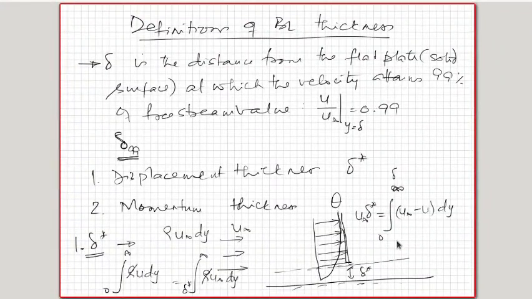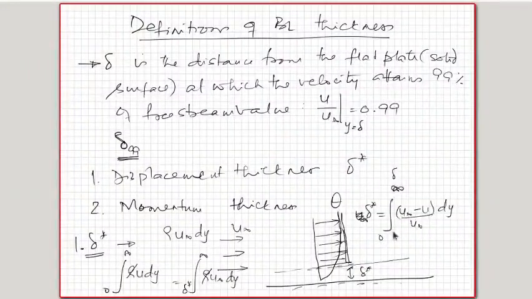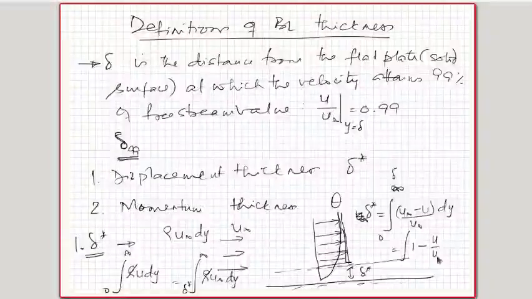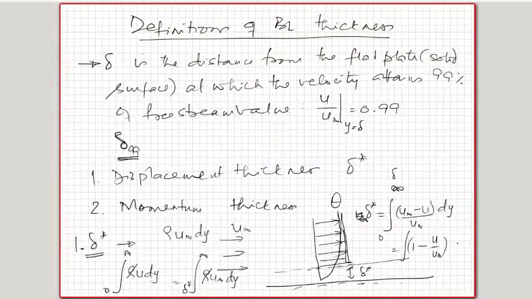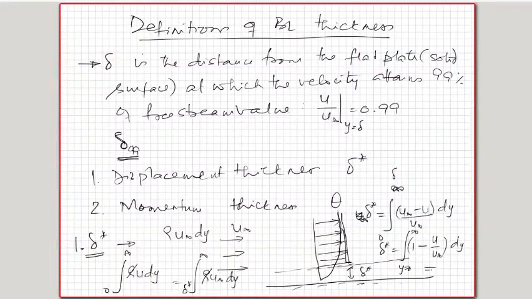If I take this u infinity down here, since it's a constant it can be taken inside, then it becomes equal to the integral of 1 minus u by u infinity dy from y equal to 0 to infinity. So this is the definition of delta star.